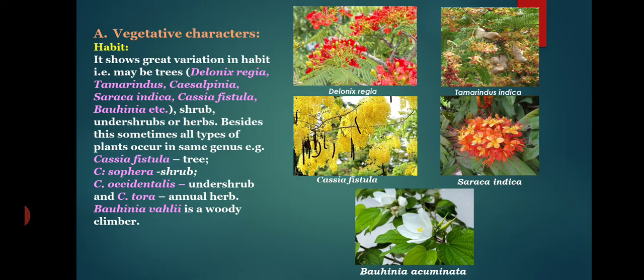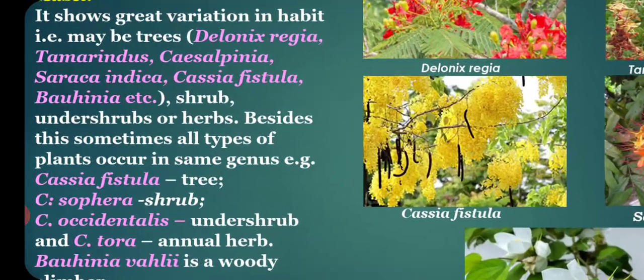It shows great variation in habit, that is, it may be trees. For example, Delonix regia, Tamarindus, Caesalpinia, Saraca indica, Cassia fistula, Bauhinia. These are very common plants.